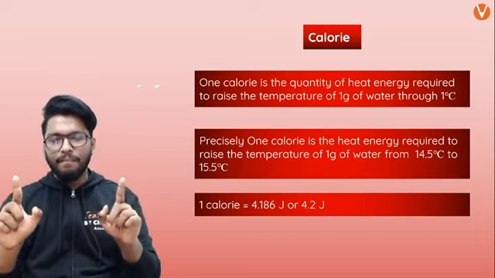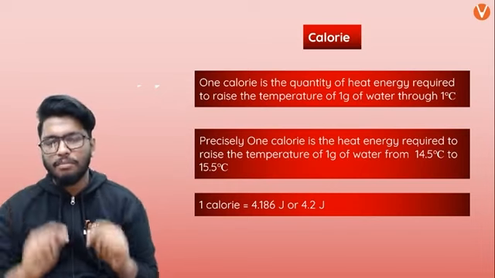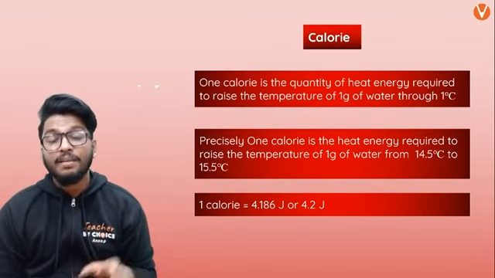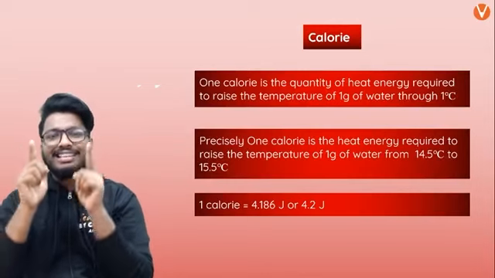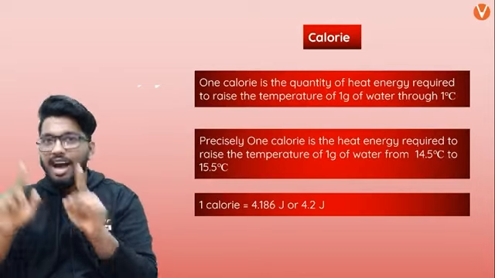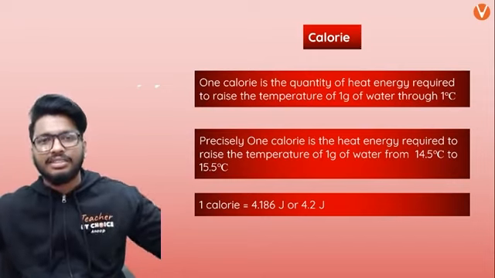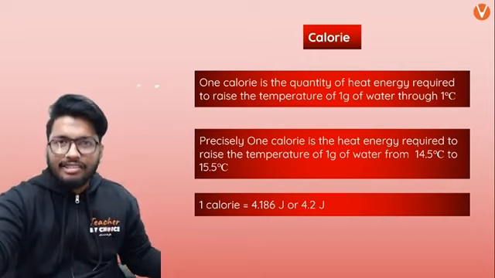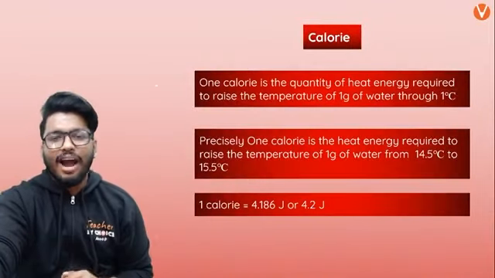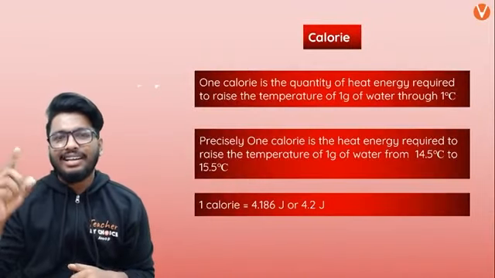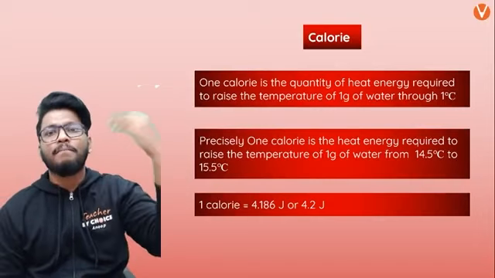Exactly in this range, the amount of energy required is exactly 1 calorie. Otherwise, it's different, sometimes more, sometimes less. But according to the definition, 1 calorie is the amount of heat energy required to raise the temperature of 1 gram of water by 1 degree Celsius.